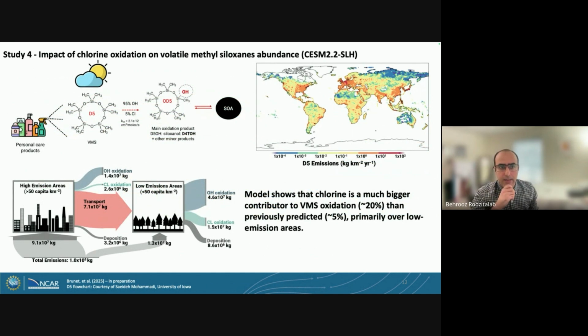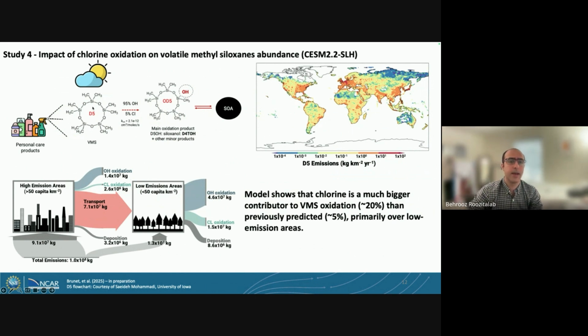And in this last study, we are trying to look at the impact of chlorine radicals on some VOCs, and specifically on volatile methylsiloxanes that are released primarily from personal care products. One of the major compounds is called D5 for short.